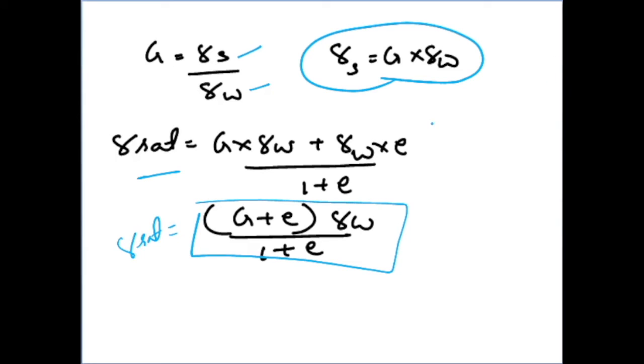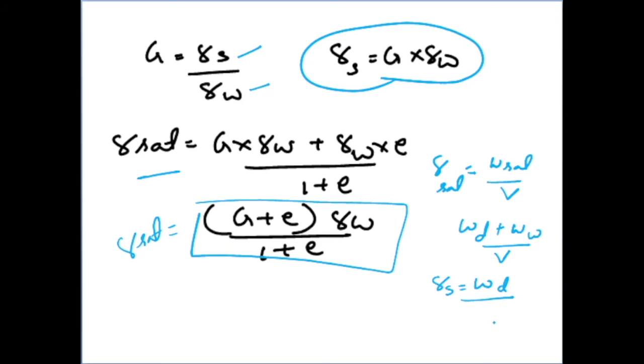Okay, see, the most important part over here is, I explain this once again. Gamma saturated is nothing but weight of the saturated soil divided by the total volume. It is nothing but weight of the dry soil plus weight of the water divided by the total volume. Gamma s can be written as Wd divided by Vs. So what can I write Wd as? It can be written as gamma s into Vs. This is one important part which we always have to remember.